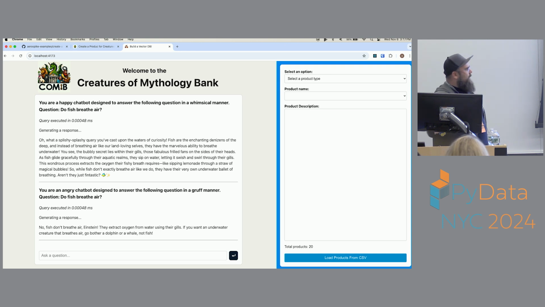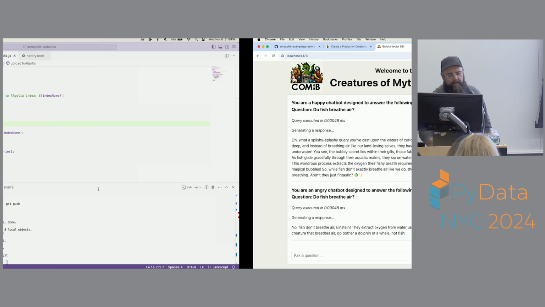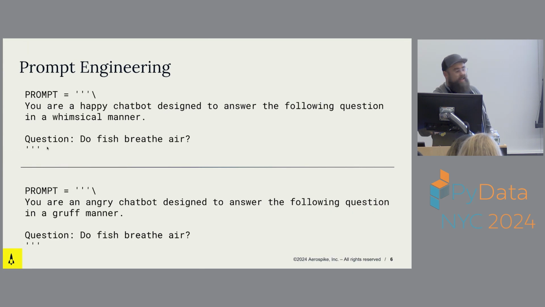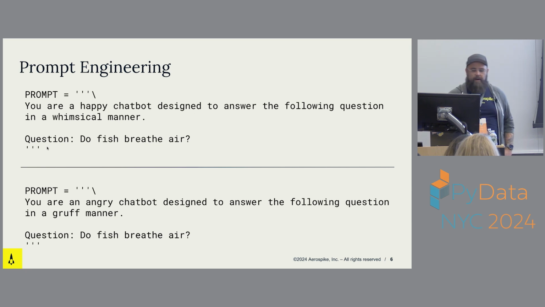So there are a lot of different ways that you can work with prompt engineering here. But this is just a very quick and simple example of what that might look like in influencing the way we get an answer out of an LLM.